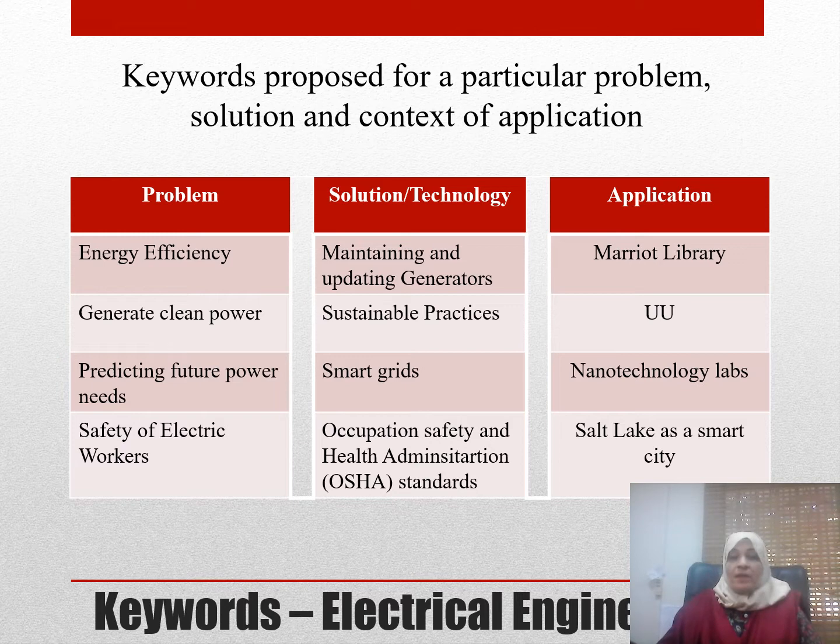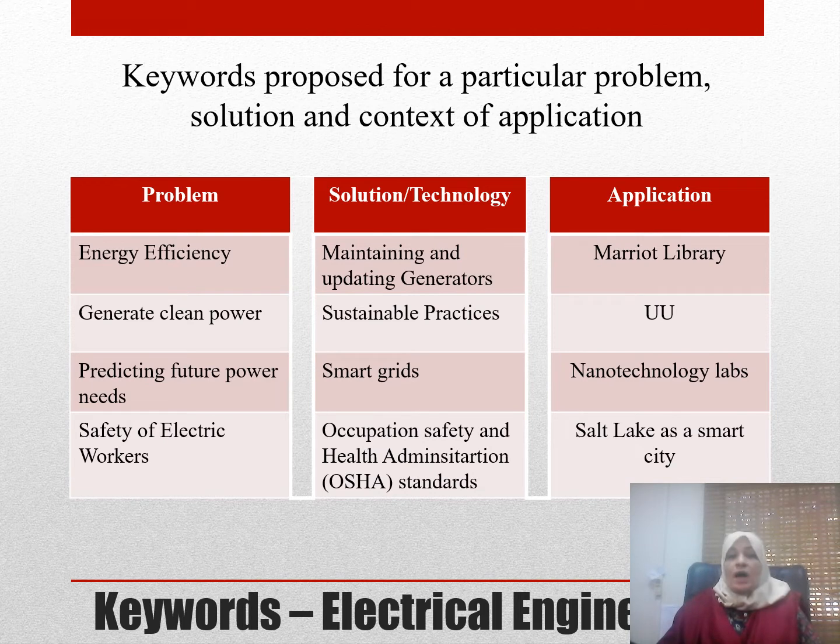Your work may be revolving around the Occupational Safety and Health Administration standards. Because we've been talking about the safety of electric workers, solutions are already there. But there may be a possibility that something further is required to be enhanced in these standards in order to make sure that the safety of the electrical workers should not be compromised.